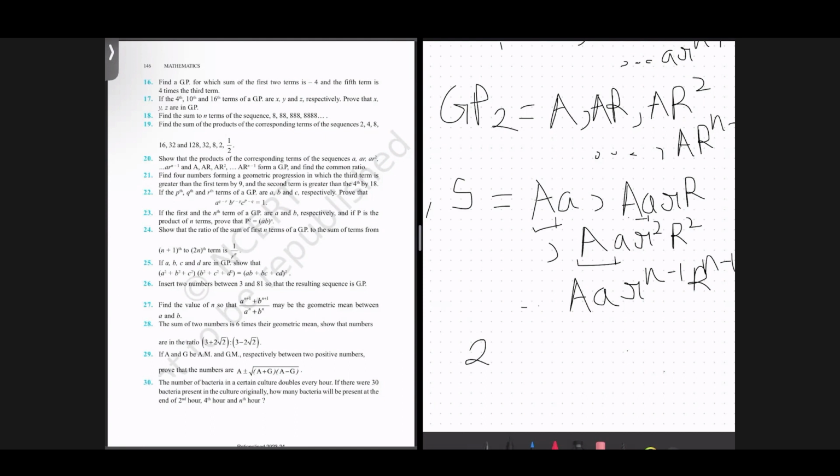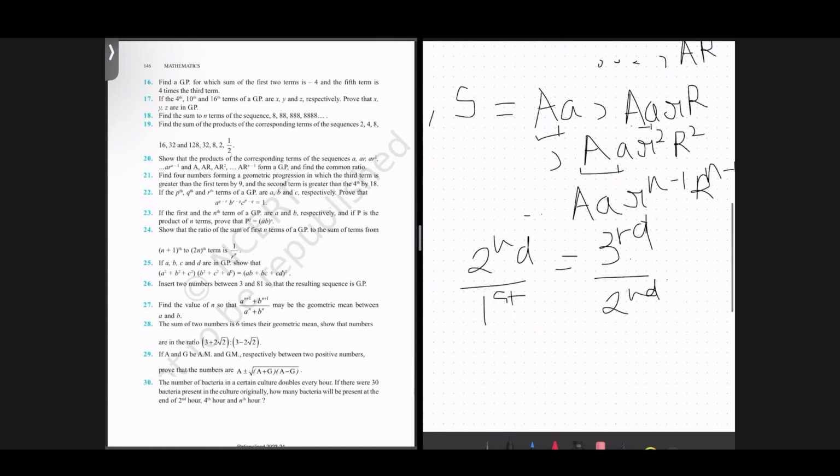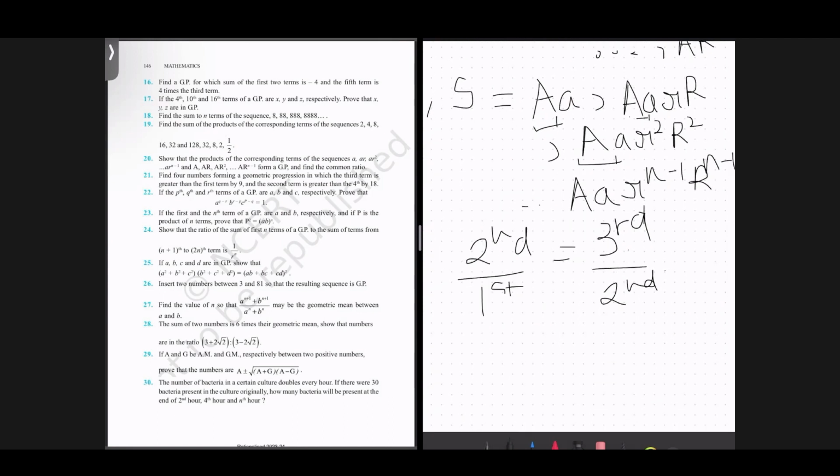So, if I show that the second term divided by the first term is equal to the third term divided by the second term, that will be a sufficient condition for me to prove that this is going to be my GP, right? So the second term is this, right? And the first term is aA.